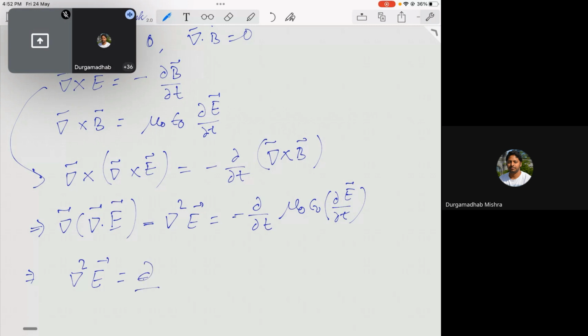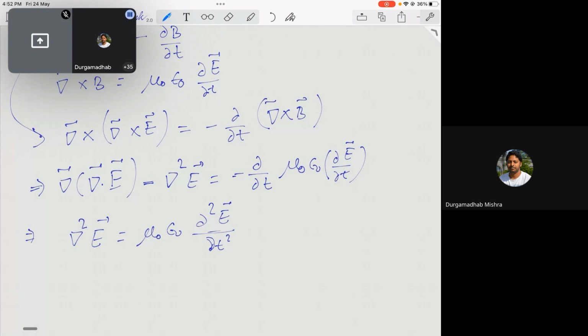Taking the constants outside, it is simply mu naught epsilon naught del square E by del t square. Similarly, if you take the curl of the second equation, you will get del square B equal to mu naught epsilon naught del square B by del t square.